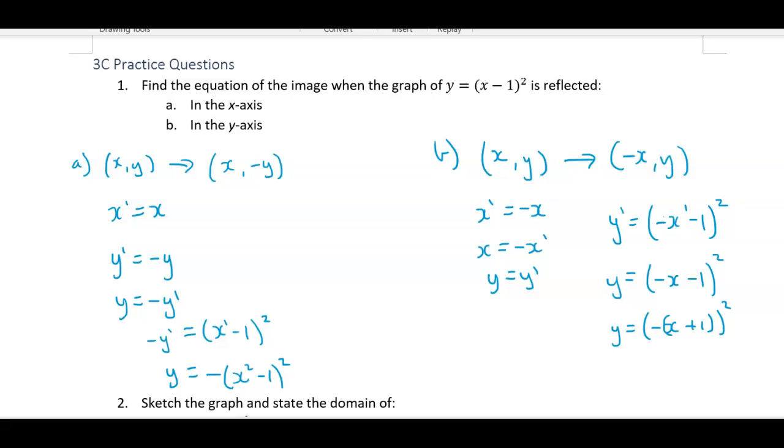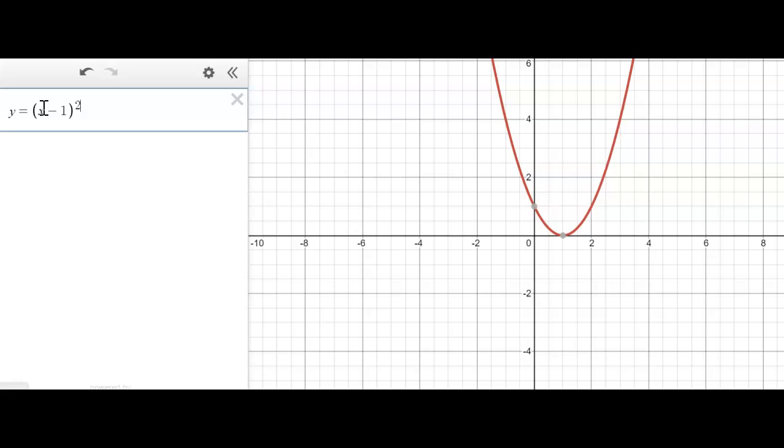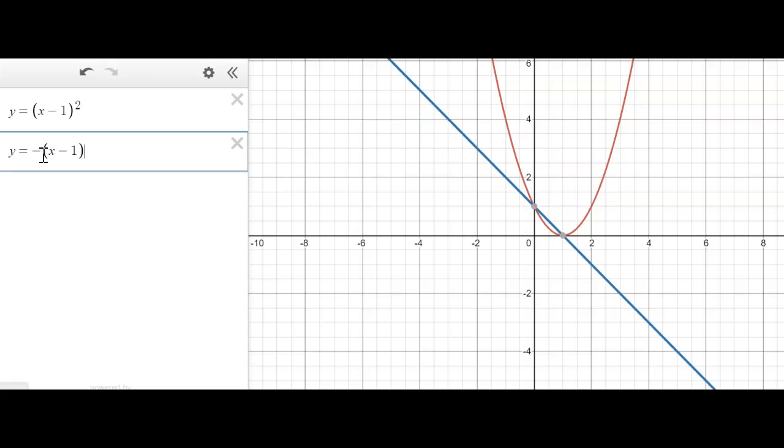So let's graph it. All right, so our original graph is y equals (x minus 1) squared. So it's a parabola, as we said before, shifted to the right one. Then we had a reflection in the x-axis, so negative (x minus 1) to the power of 2.